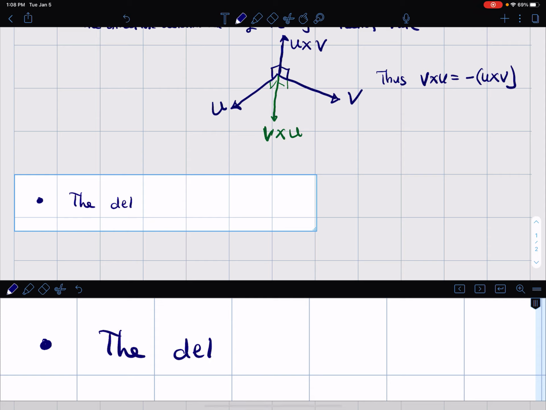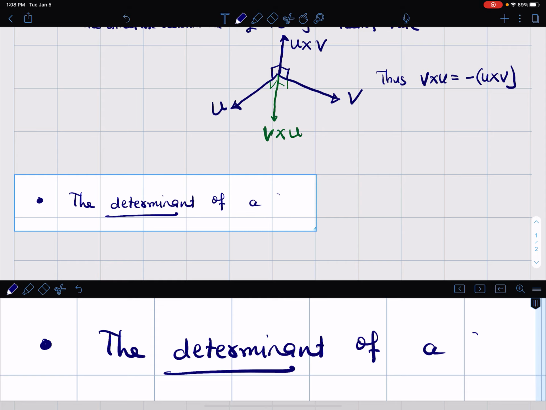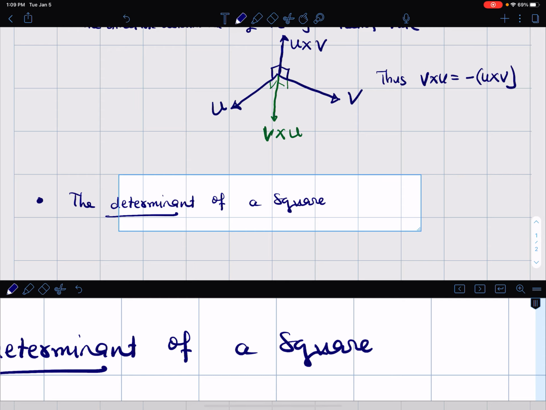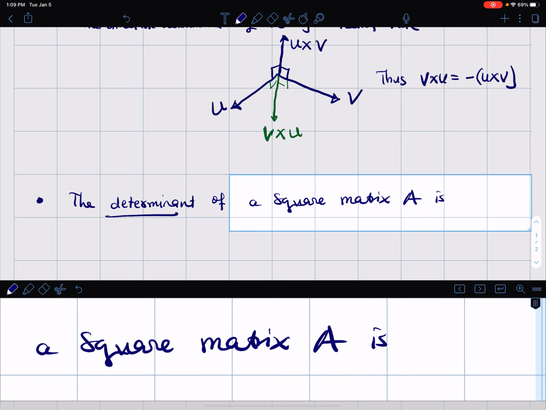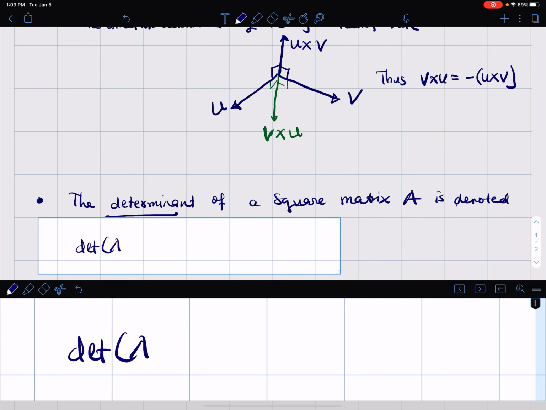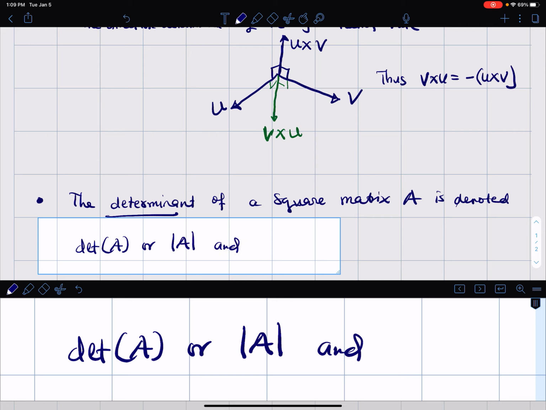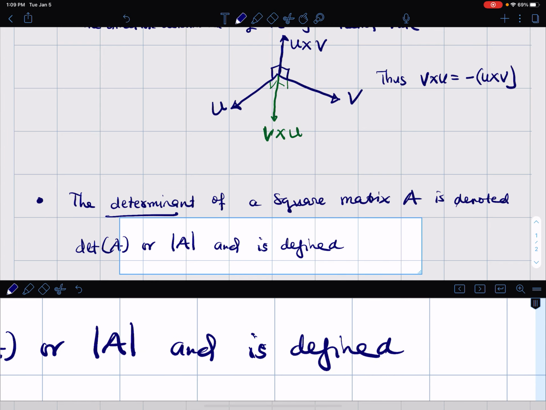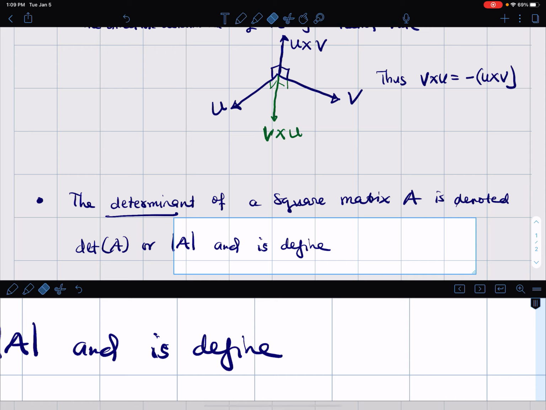The determinant of a square matrix A is denoted det A like that, or kind of absolute value of A, and is defined as follows.